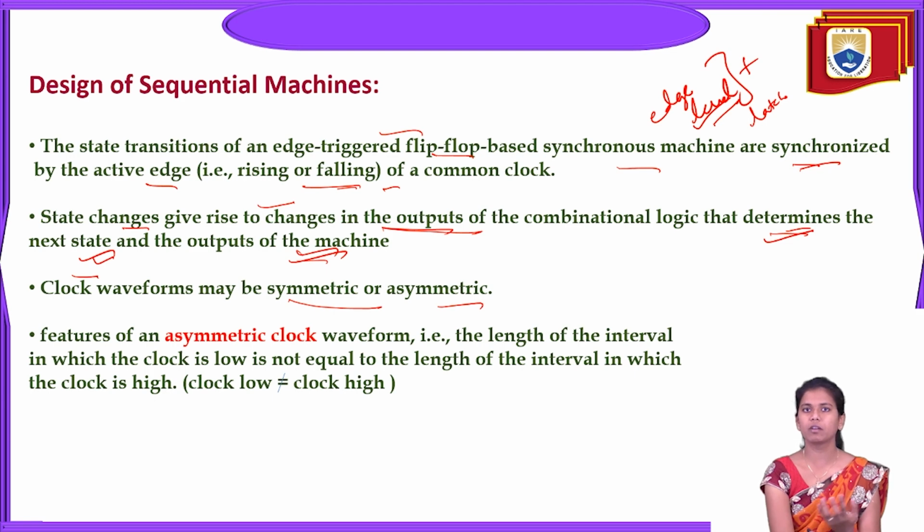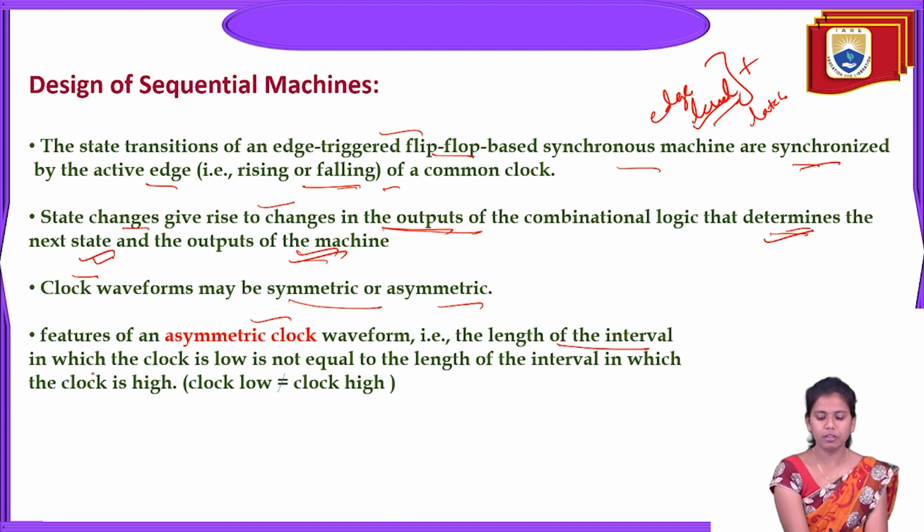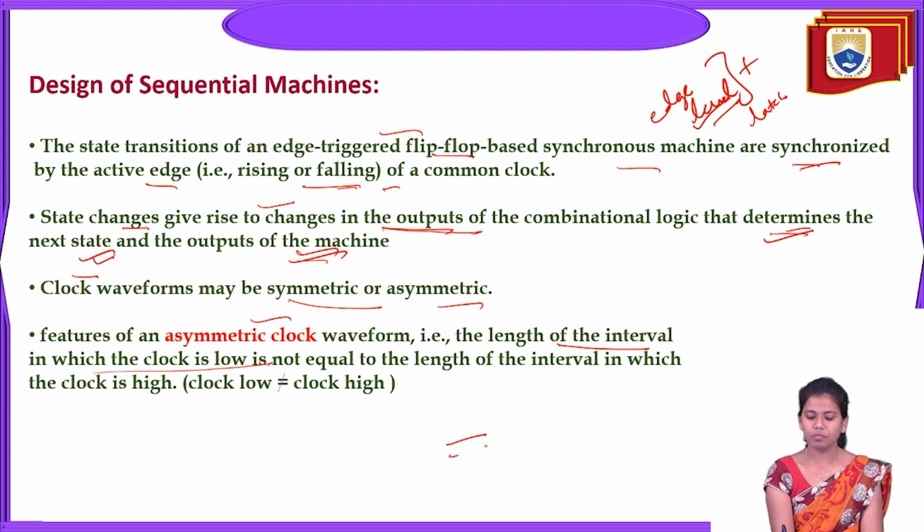You will observe clock signals sometimes asymmetric and sometimes symmetric. Comparing the features of symmetric and asymmetric clock signals, a feature of the asymmetric one is that the length of the interval in which the clock is low is not equal to the length of the interval in which the clock is high.